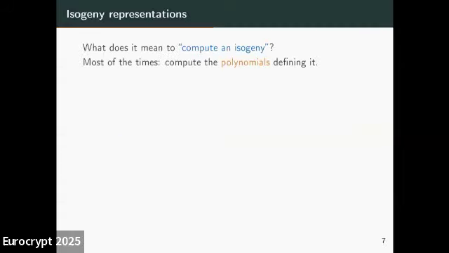Now, to get the high-level principle of the construction, I want to use this abstraction of isogeny representation, which is going to be quite useful. Indeed, it's natural to ask what it means to compute an isogeny, and from the definitions that I gave, you may say, okay, well, obviously it's these polynomials that I introduced.